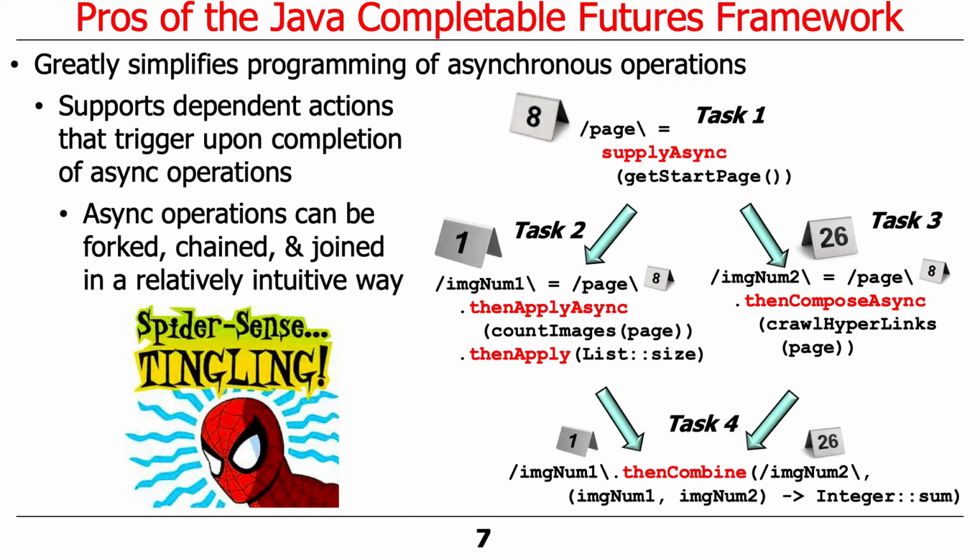This allows us to fork, chain, and join asynchronous operations in a relatively intuitive way, as opposed to other ways of doing things with callbacks or more complicated approaches.